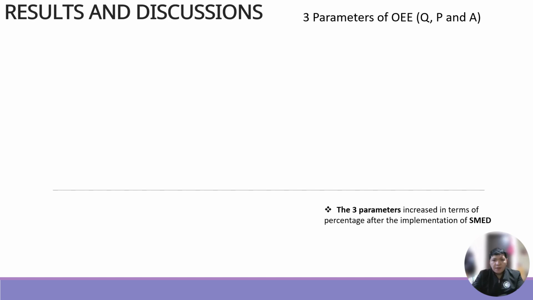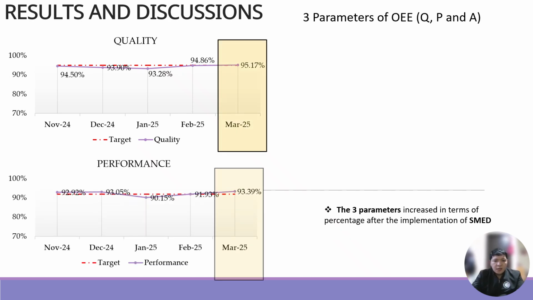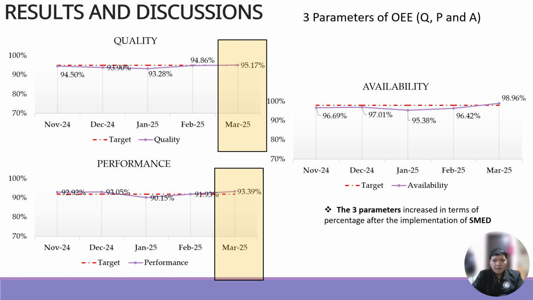Next are the three parameters of OEE: quality, performance, and availability. For the quality, you have here 95.17 as the result for March. Next is the performance, and also a significant result increase. And lastly is the availability, which we were targeting for significant improvement, right?